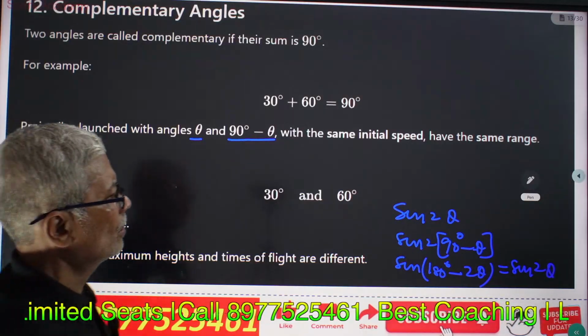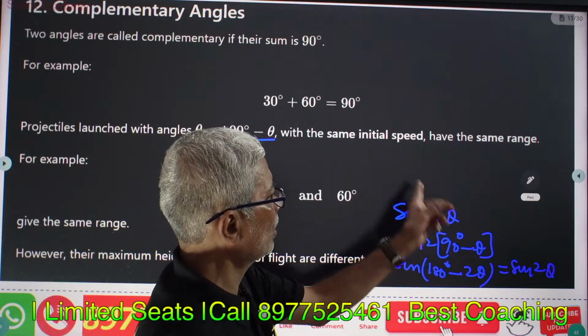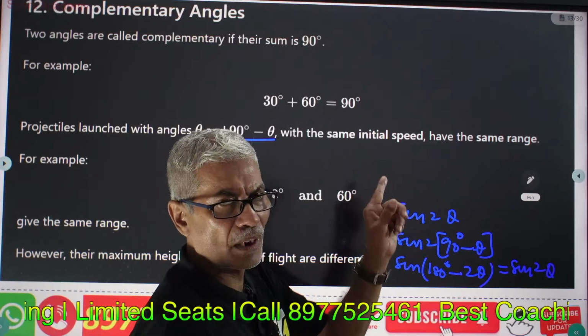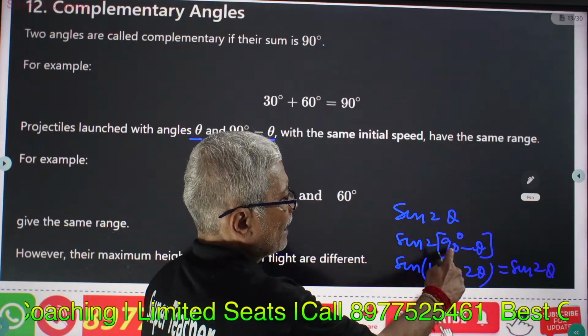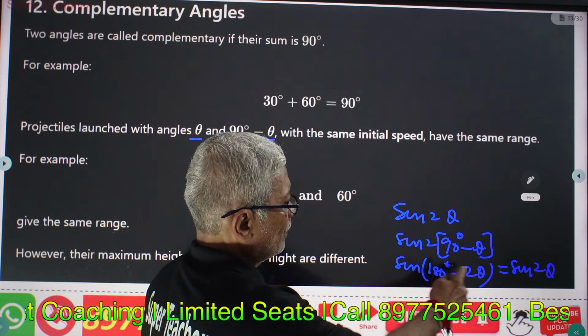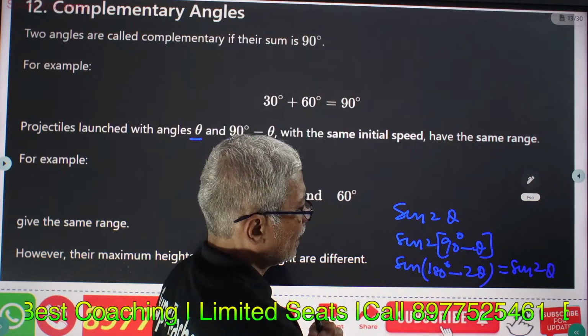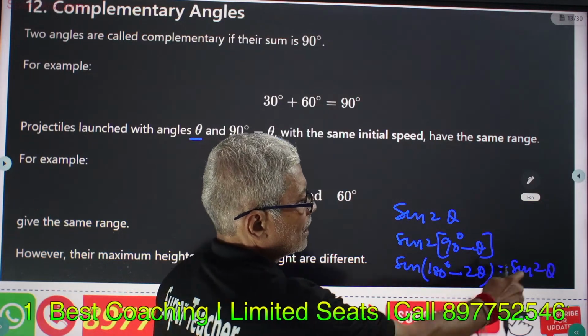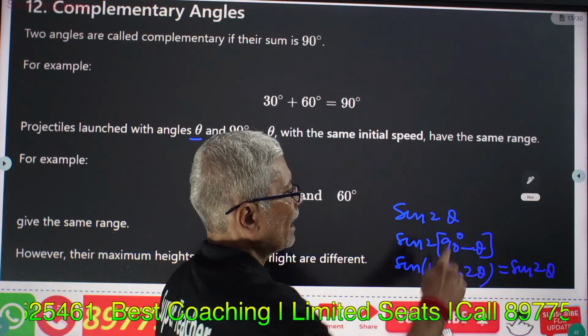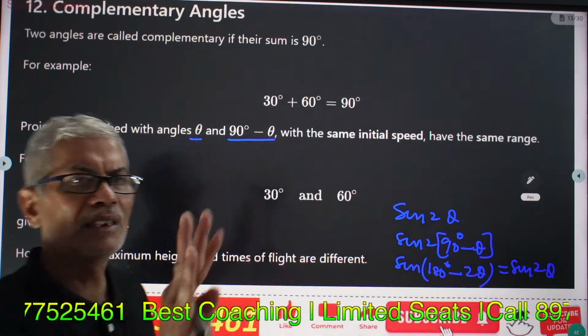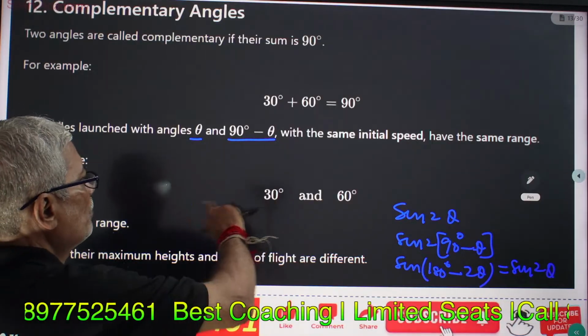Because in the range, u square sin 2 theta by g, if you change theta to 90 minus theta and simplify, it will be 180 minus 2 theta. You know sin of 180 minus 2 theta is sin 2 theta. So whether you take theta or 90 minus theta, the range will be the same. So this is very important.